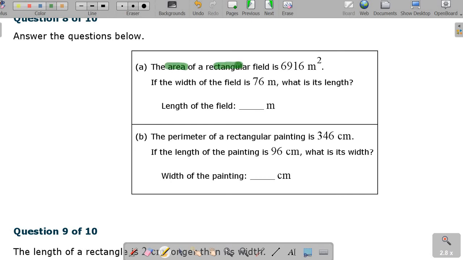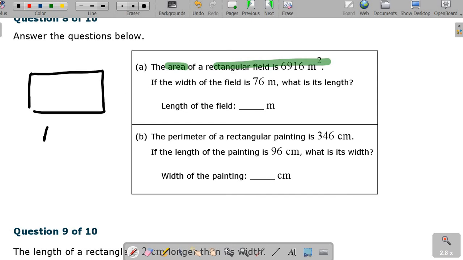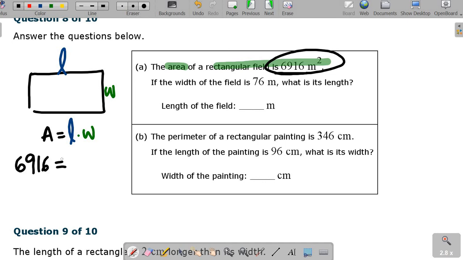It says the area of a rectangle is 6,916. The width is 76. What is the length? Let's start by drawing a picture. And we know area equals length times width. We are given the area is 6,916. We're given the width of the field is 76. It's asking what is the length.